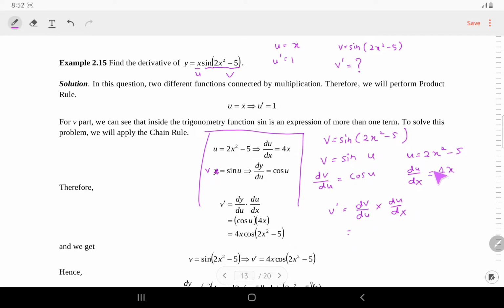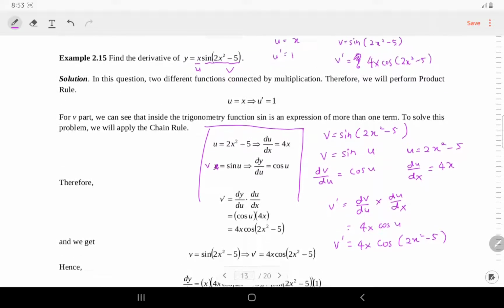So akan jadi 4x cos u. So change u back into what we had earlier, so akan jadi 4x cos 2x squared minus 5. So this is our v prime. So masuk kat sini lah, 4x cos 2x squared minus 5.